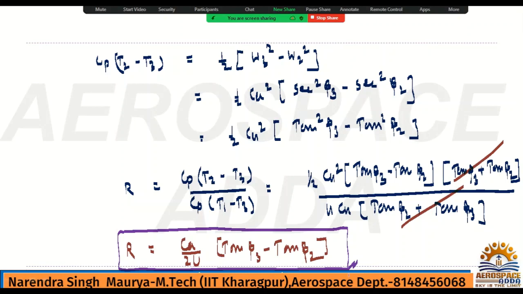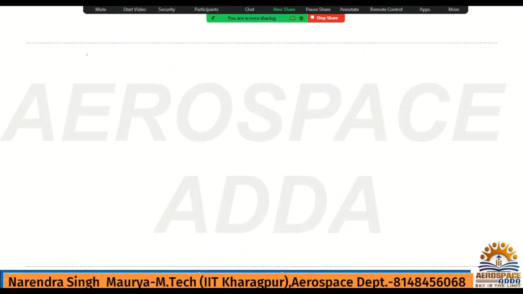Just like in the compressor, where there were basically three formulas for degree of reaction, the same three formulas apply here. I just want to write them, because we cannot derive each and every formula, it will take time. Here I have derived this just for the idea. The rest of the formulas I am just going to write, so please check them. First, just now you derived R is equal to Ca by 2U (tan beta 3 minus tan beta 2).